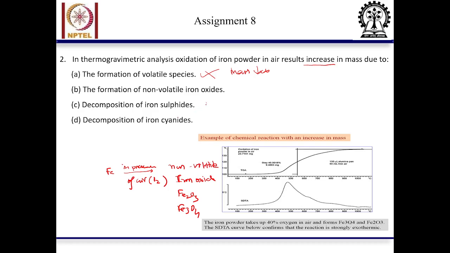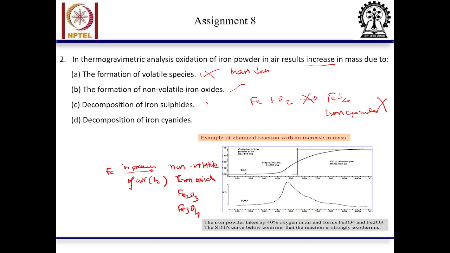The decomposition of iron sulfide is also wrong, because here we have iron and only oxygen, so there is no way it can form iron sulfide or iron cyanide. We can immediately eliminate these two options. Only the formation of non-volatile oxide is the correct answer.